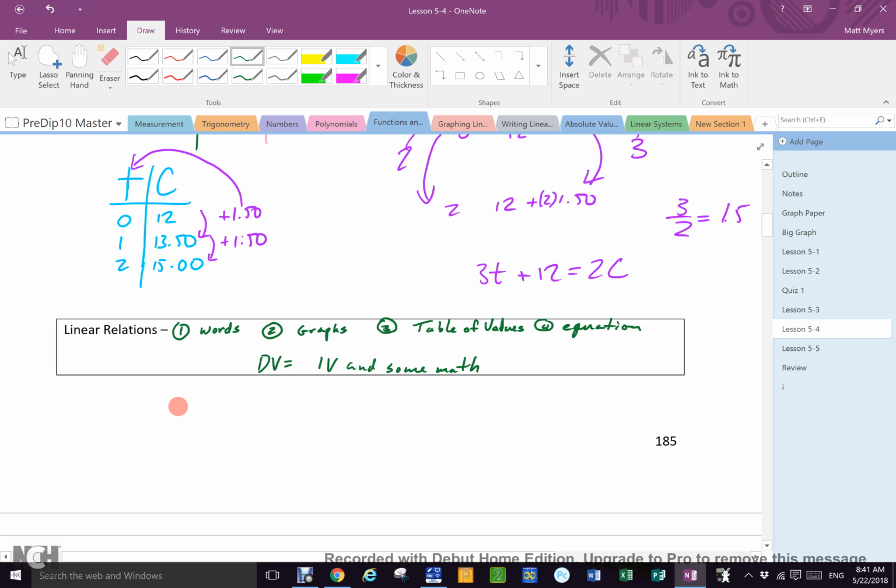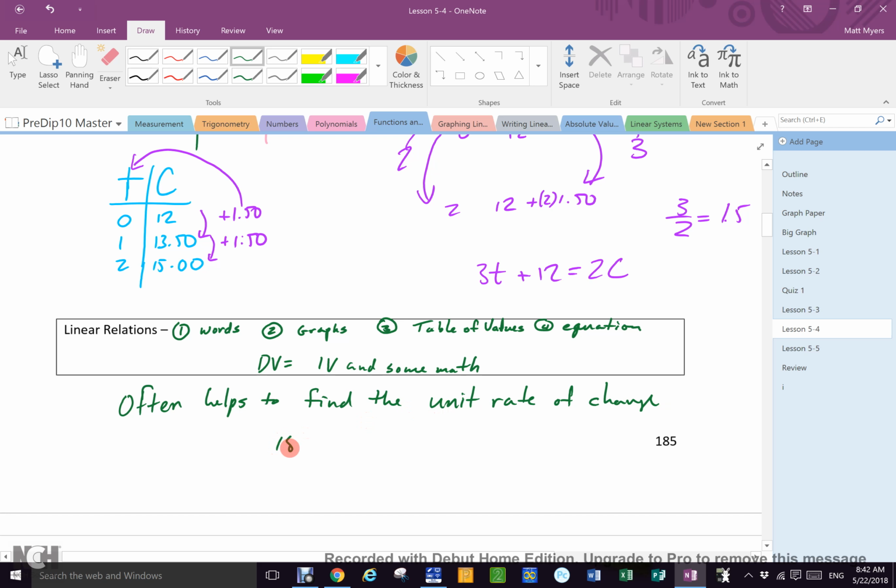Remember, it often helps to find the unit rate of change.